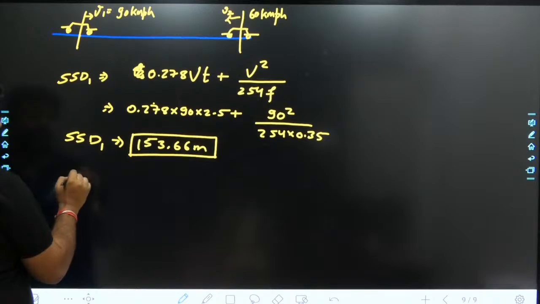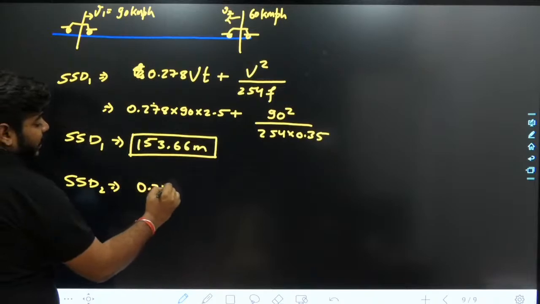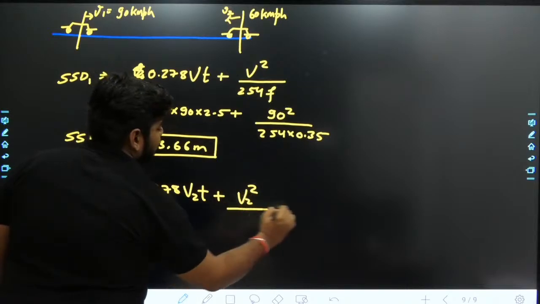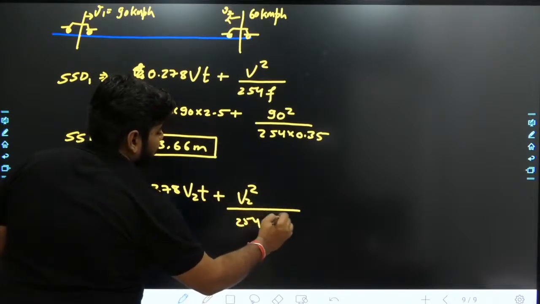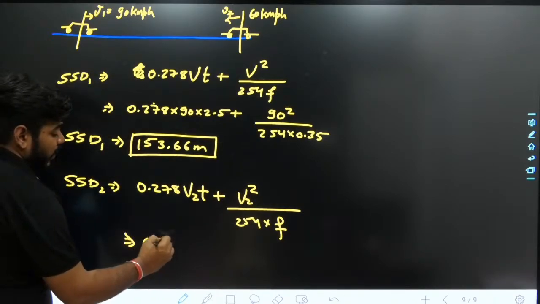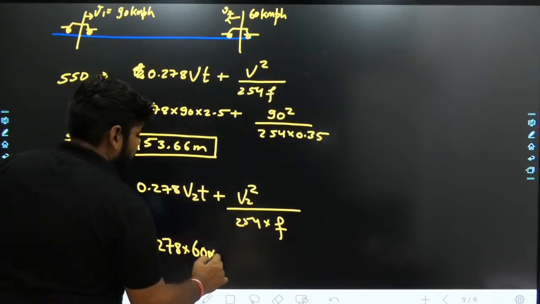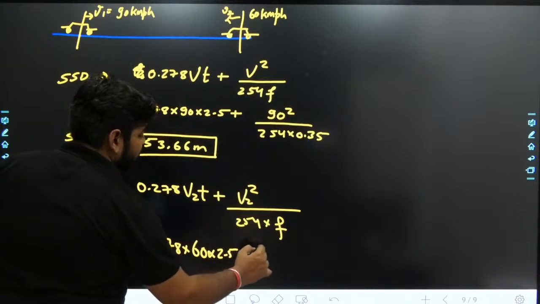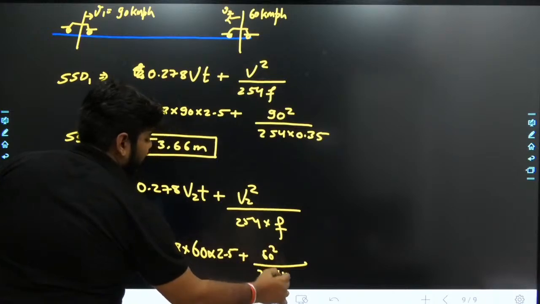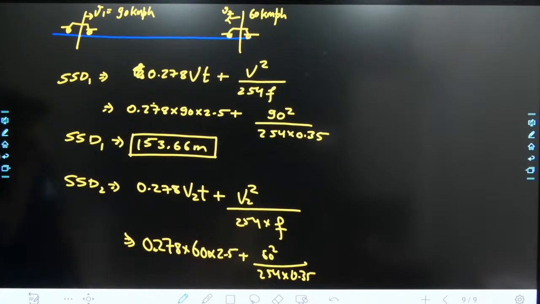Now if we calculate the SSD2 value, it will be 0.278 capital V2 multiplied by T plus capital V2 square divided by 254 multiplied by F. This can be written as 0.278 multiplied by 60 multiplied by 2.5 plus 60 square divided by 254 multiplied by F, and the F value is 0.35.